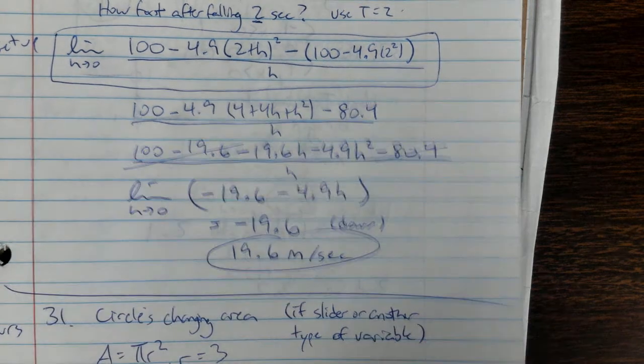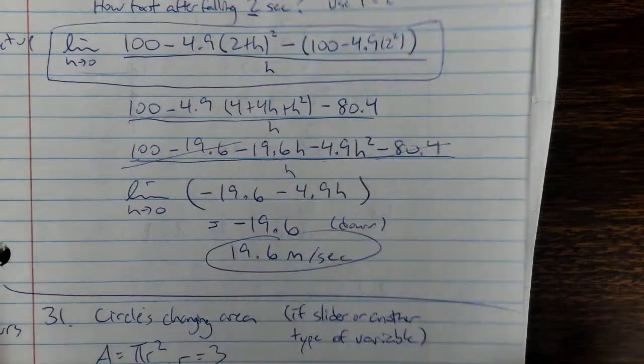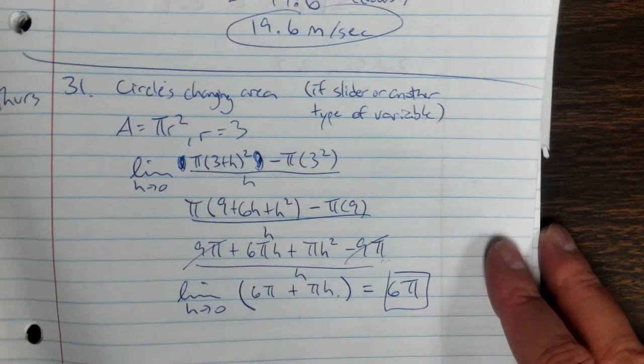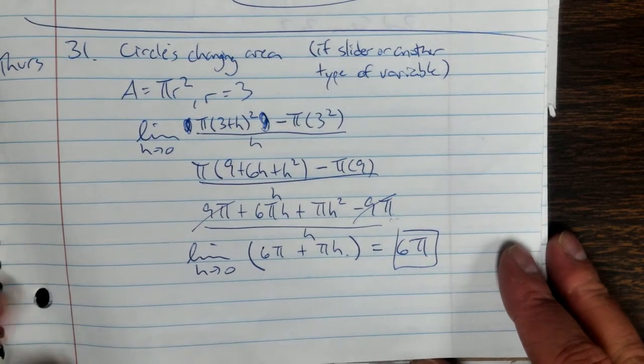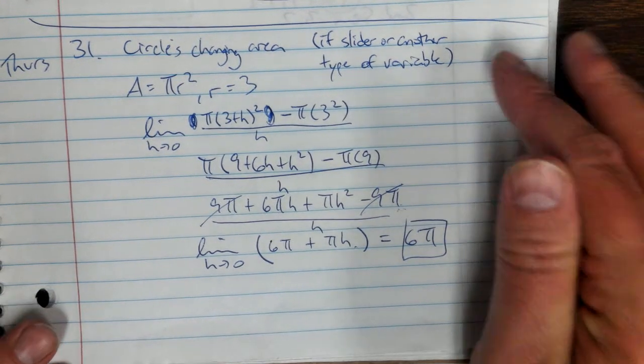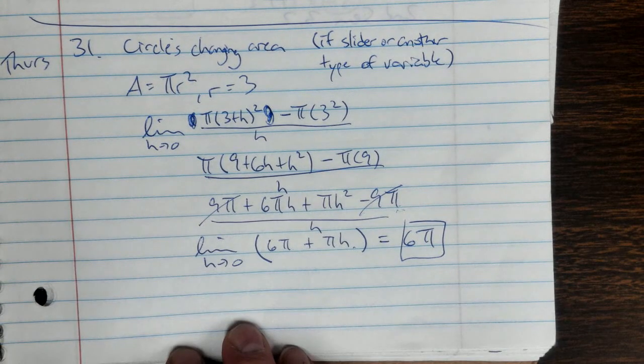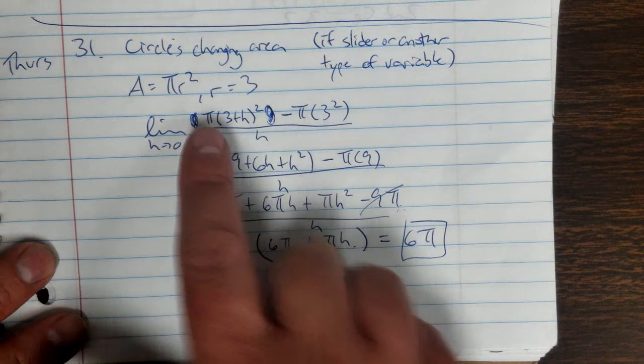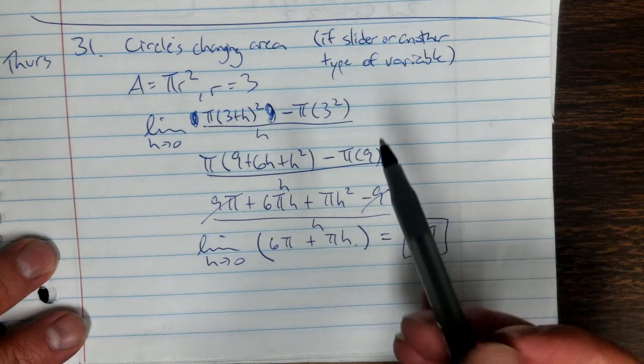Okay, and then number 31. On 31, it's talking about a circle changing area. If you're using a slider or a different type of variable, we don't really do that on our calculator. What we do is just do this problem by hand.